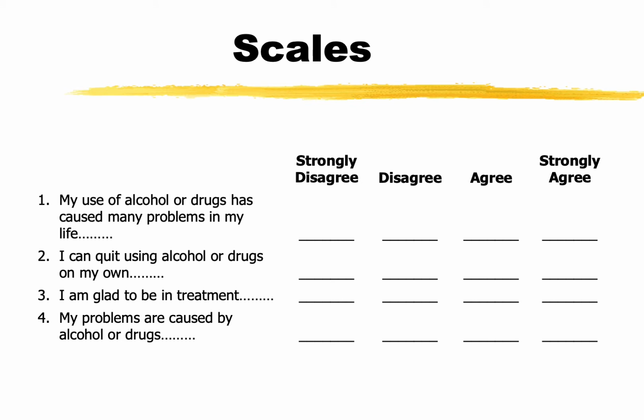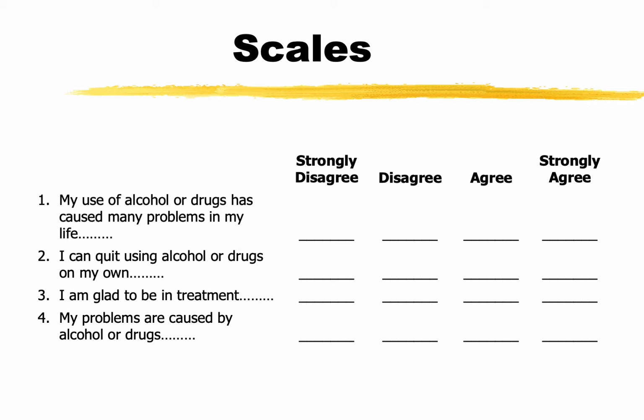Let's look at an example of some items from a good scale. These are taken from a psychometrically sound scale that measures readiness for drug treatment. Each of these items is worded in a relatively simple way, and each of them has the same response options: strongly disagree, disagree, agree, or strongly agree.